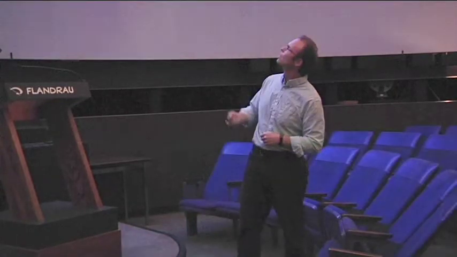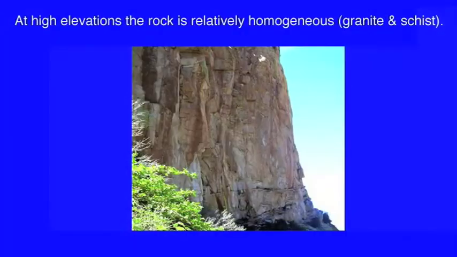I'm going to show you in just a second a profile of a river, and that profile is very irregular down low in the Catalinas, and that reflects the type of rocks that we see there, these very heterogeneous rocks. As you go up higher in the Catalinas, you see more granite. The rocks are not as metamorphosed.